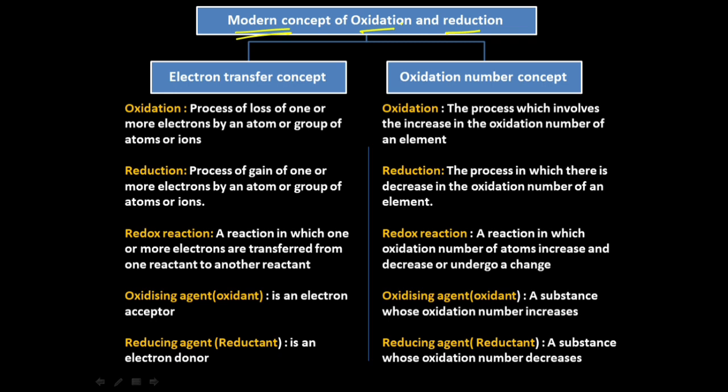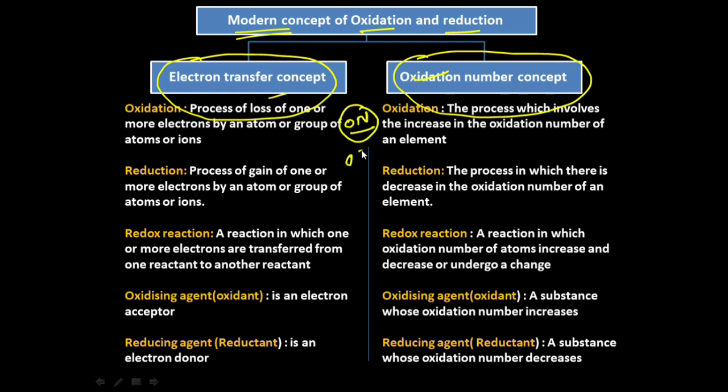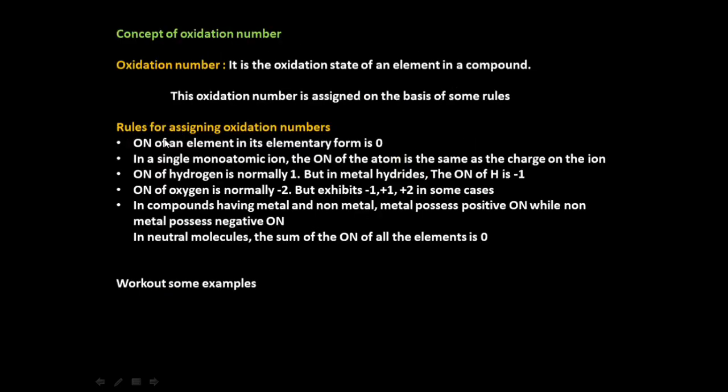Modern chemistry will define in a different manner, that too in electron transfer concept and oxidation number concept. Okay, for these two concepts we need some basics about oxidation number. So first we will learn oxidation number concept or oxidation state concept, then we will come back to this concept and study electron transfer concept and oxidation number concept. So first we will study concept of oxidation number.